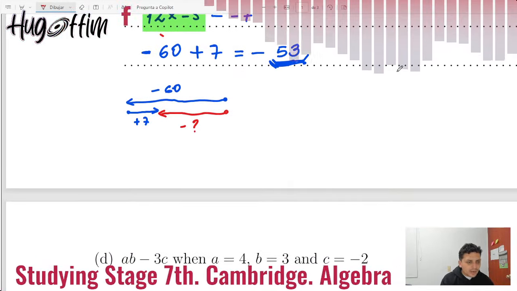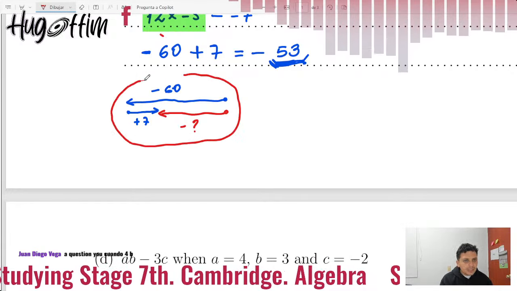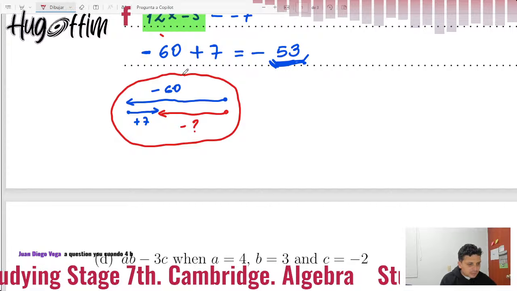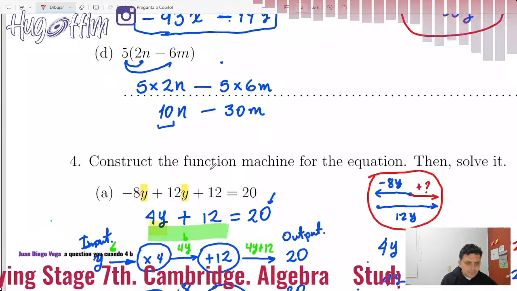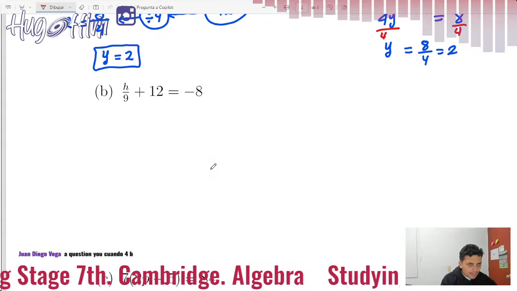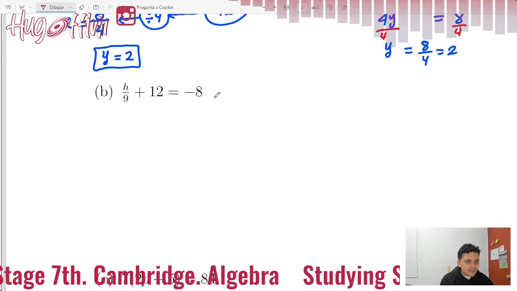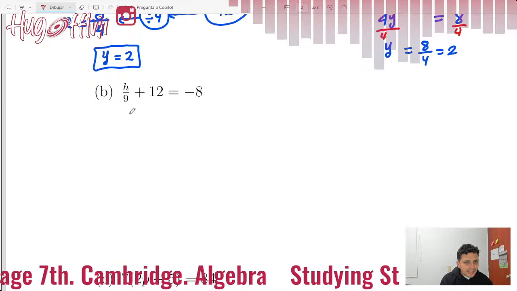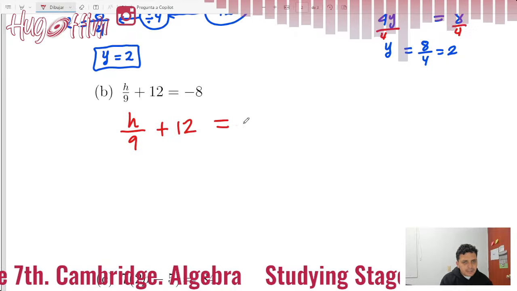Okay, people that are online, I would like to know if you have more questions. Here the student tells me 4b. What happened with 4b? In here, look at that, it says h over 9, right? Plus 12 equals negative 8.